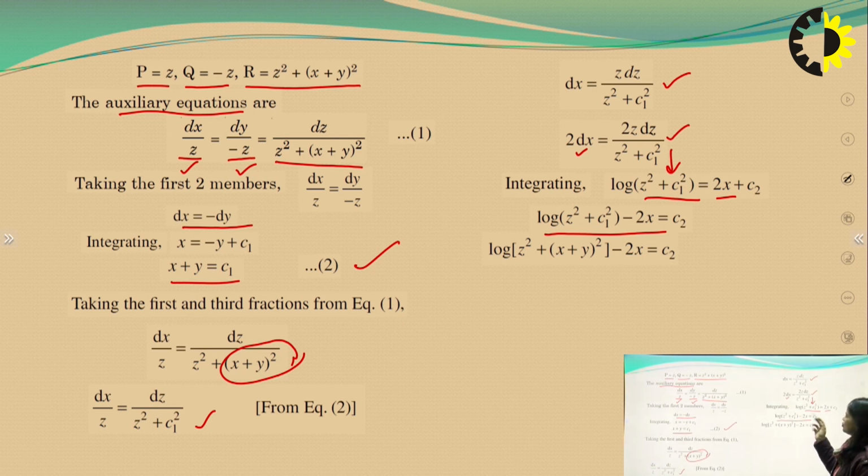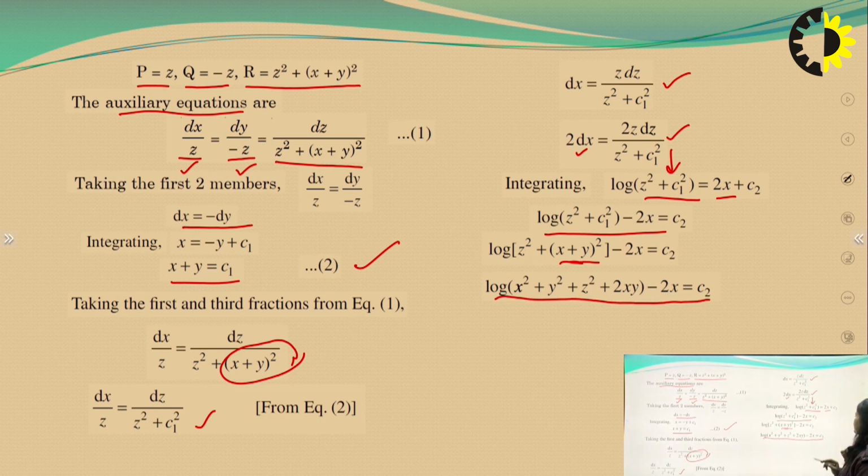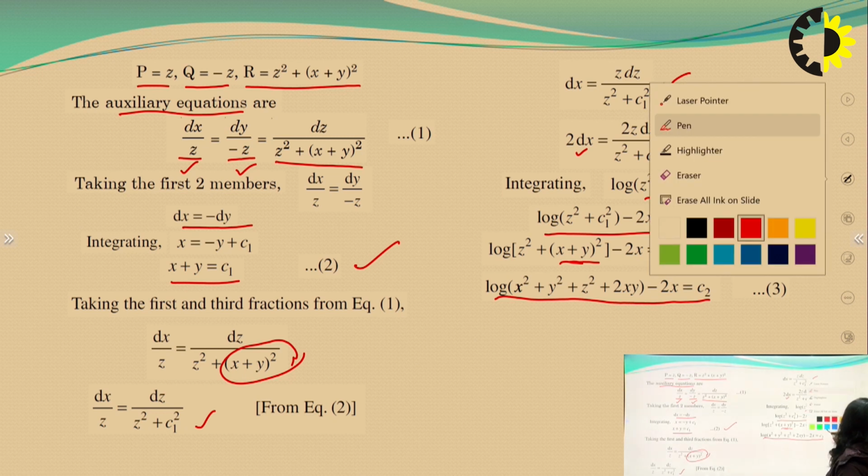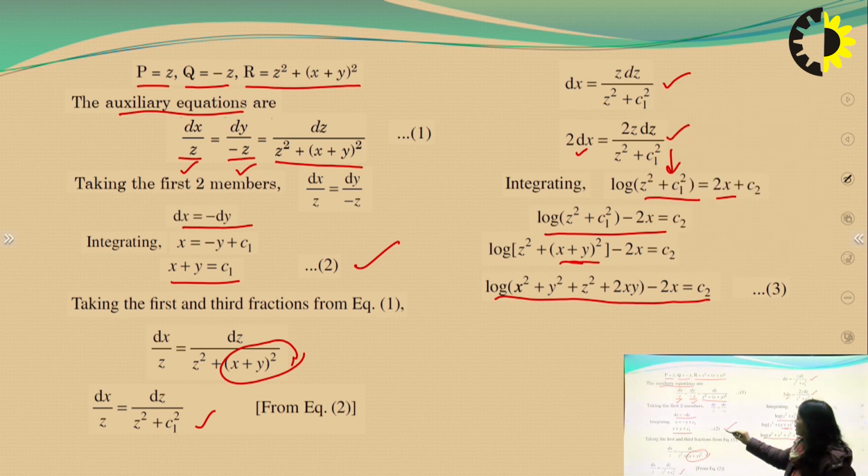Obviously this c1 has to go away, so I'll substitute c1 as x plus y whole square. So the second solution turns out to be log of z square plus x plus y whole square, minus 2x equal to c2. This is my second solution. So I am having one solution as this, another as this one.